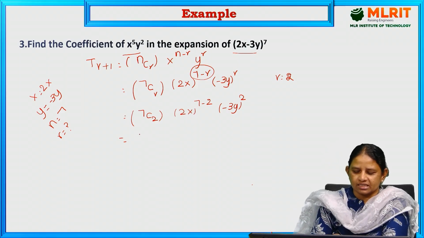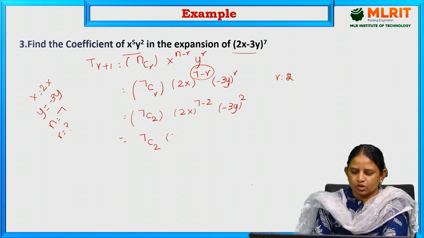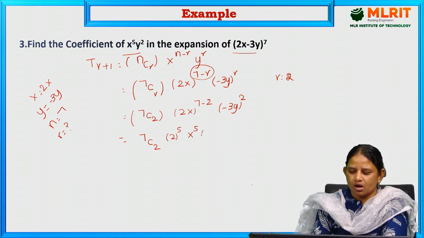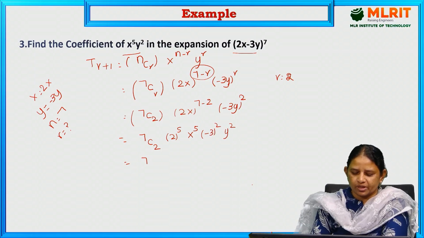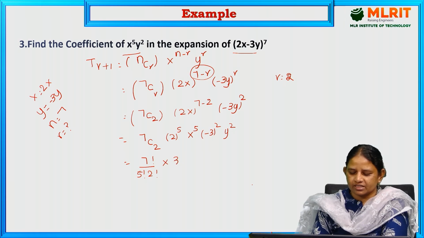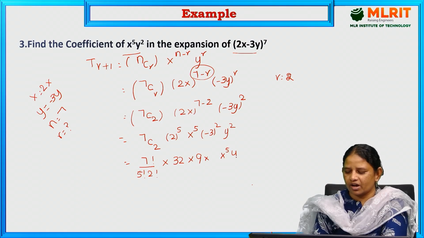So that is 7C2 into 2 to the power of 5 into x to the power of 5 into (minus 3y) square. 7C2 means 7 factorial by (7 minus 2), that is 5 factorial, into 2 factorial, into 2 to the power of 5 is 32, and minus 3 square gives a positive term for the expansion of x to the power of 5 and y square.